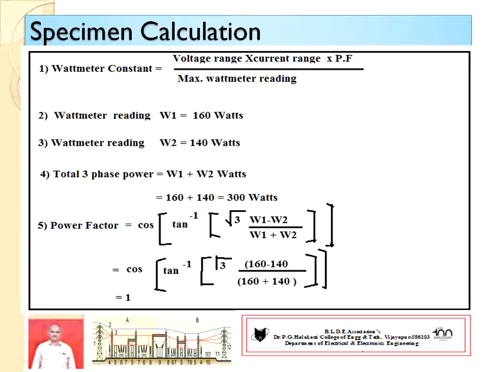From that expression you calculate the phase angle: phase angle equals tan inverse of this value. So cos phi equals cos of the phase angle. We are going to get power factor as unity, because for a resistive load the phase angle is 0. Hence the phase angle is 0, naturally the power factor is 1. Thank you to one and all.